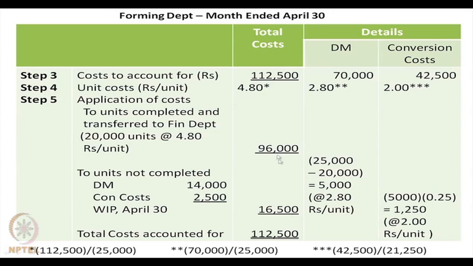So, the two costs are, one, transfer to the finishing department, the cost is 96,000, and the one that remains as WIP in the forming department is 16,500. Together they add up to 112,500, and incidentally this was the cost to account for, and now we have actually accounted for that.